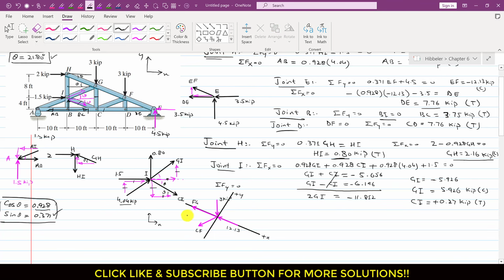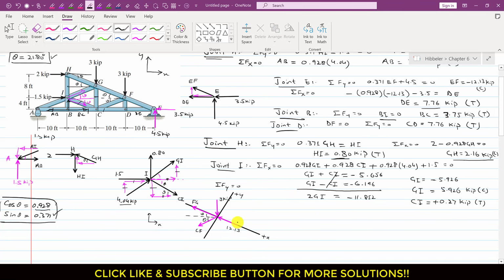Now, as we know, this CF member force is making an angle theta here, and similarly this FG member force is making angle theta here as well. This means that this CF member force is making a 2 theta angle with the positive x-axis.